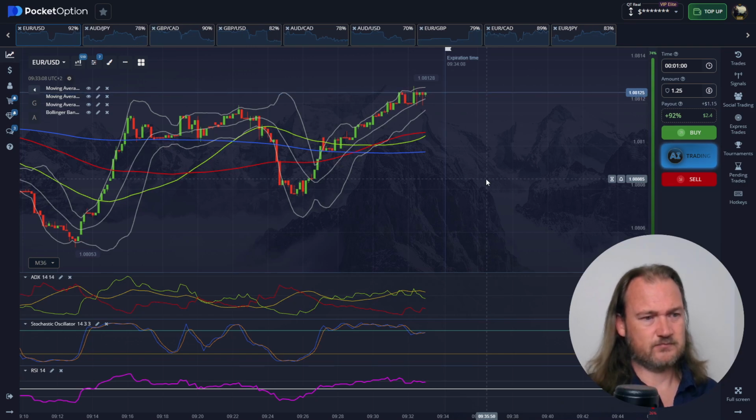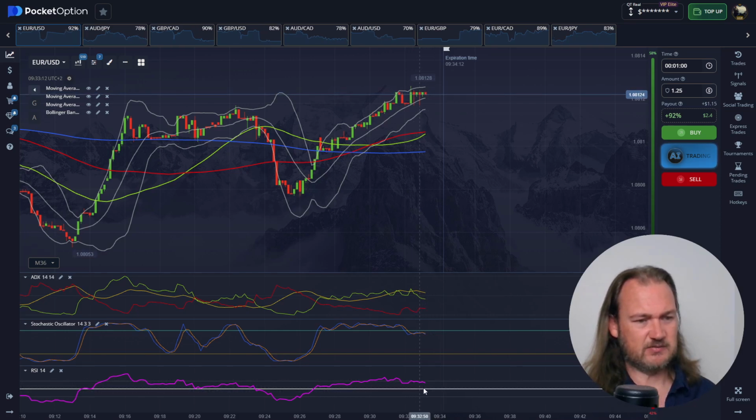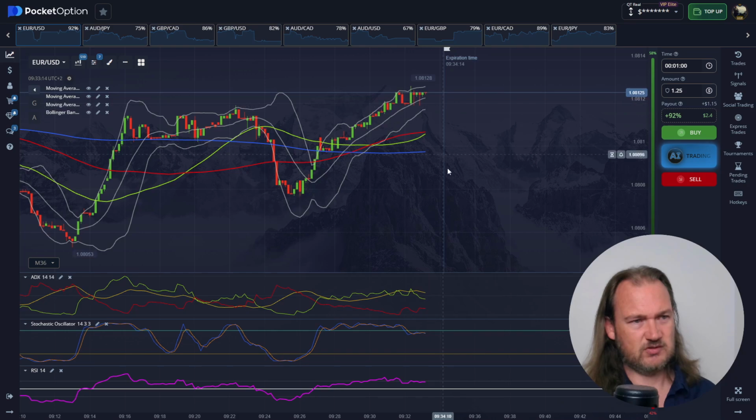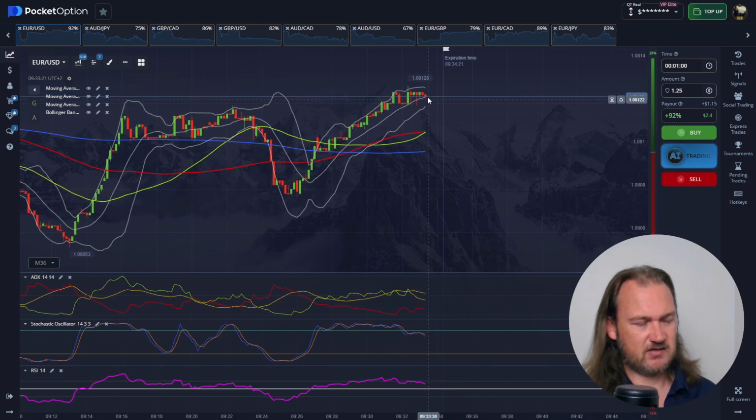And if this happens and my RSI comes down to the middle line and we do not break through here, I would actually consider taking a buy trade. Taking a sell right this moment is a bit dodgy for me.